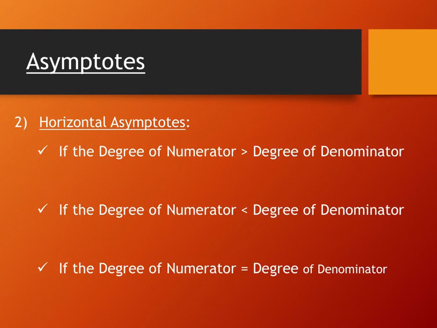If the degree on the top is greater, category number 1, then there is no horizontal asymptote. There potentially could be what's called a slant asymptote.